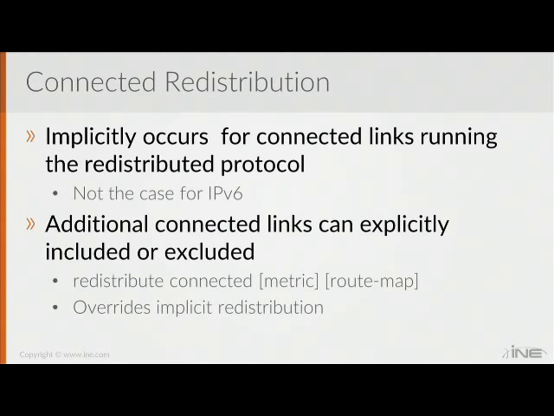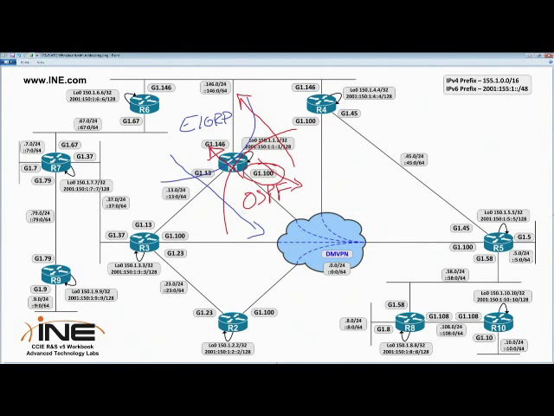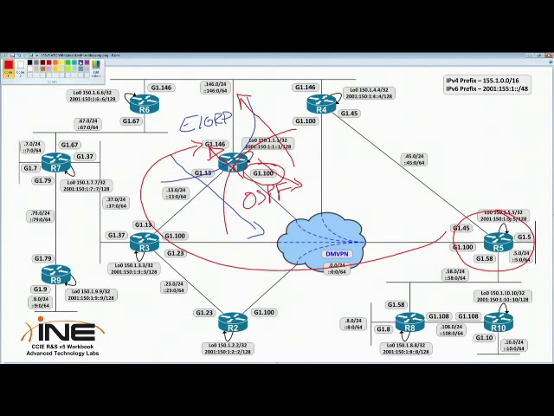So in the case of IOS for IPv4, it gives you the control to choose whether you want the connected redistribution to happen. So in this case, if we were to simply say redistribute EIGRP into OSPF and OSPF back into EIGRP, it means that this router here that's in the OSPF domain will have a route to that connected link of router 1. And likewise, another router in the EIGRP domain, for example, router 6, should know the route to the connected link of router 1.